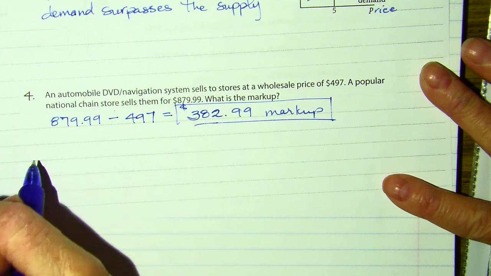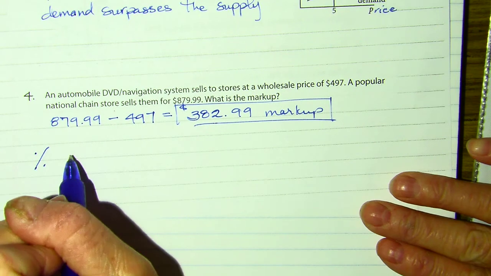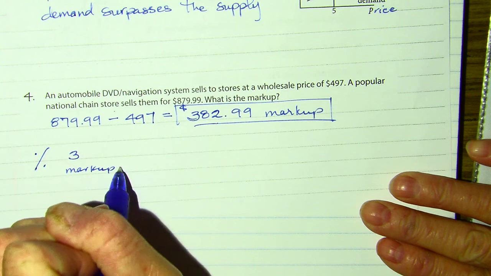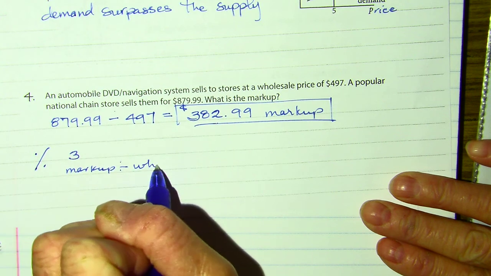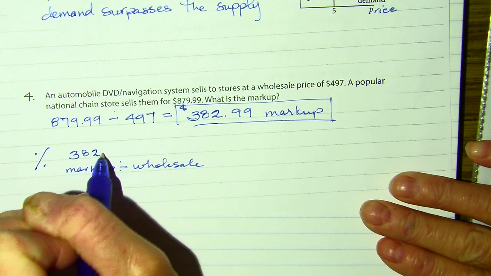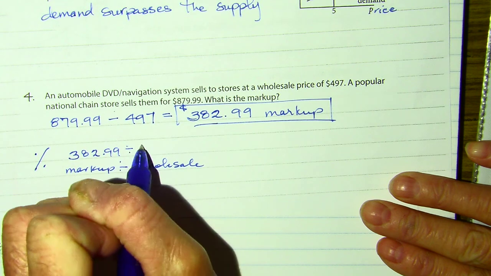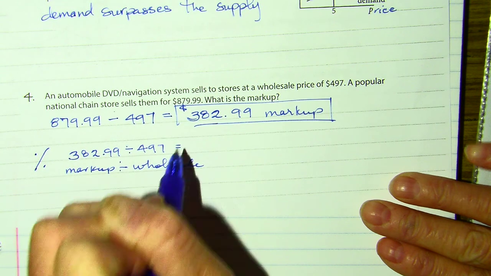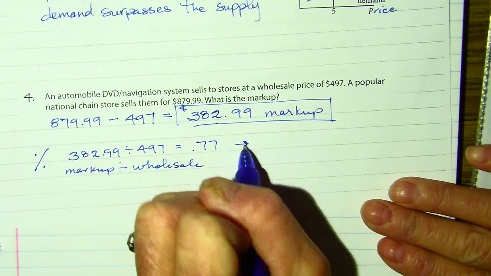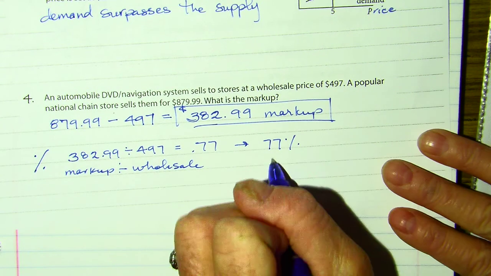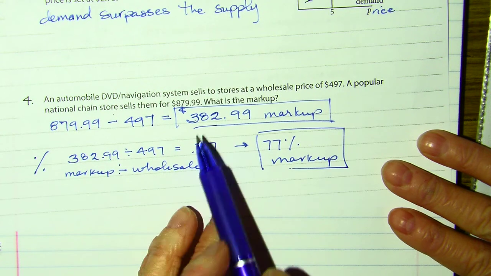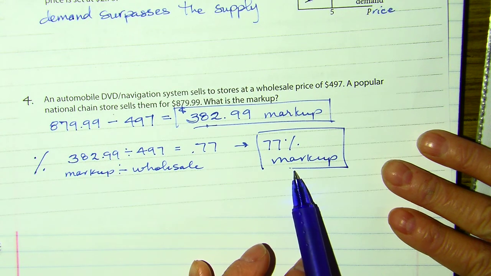If I wanted to find it as a percent, you would do the markup divided by the wholesale. So $382.99 divided by the wholesale price of $497, and I got 0.77, or it was a 77% markup. So there is both the dollar price and the percent at which it was marked up.